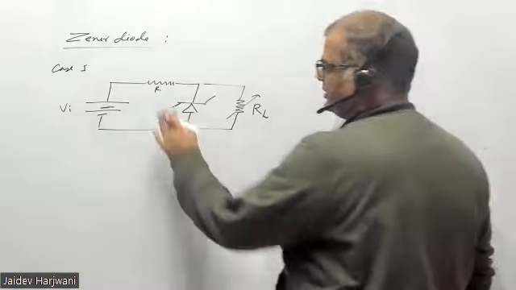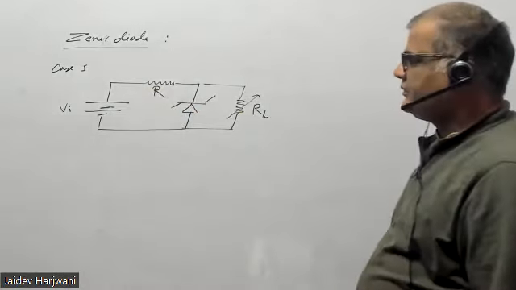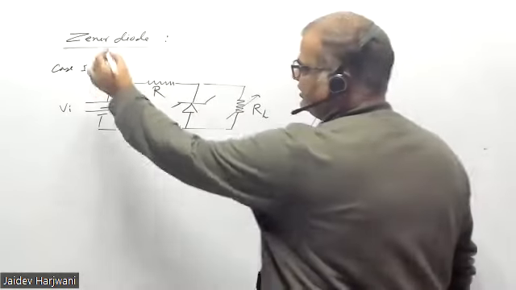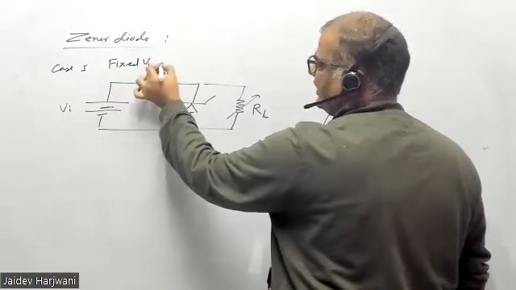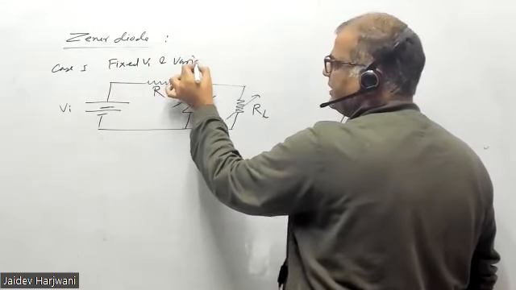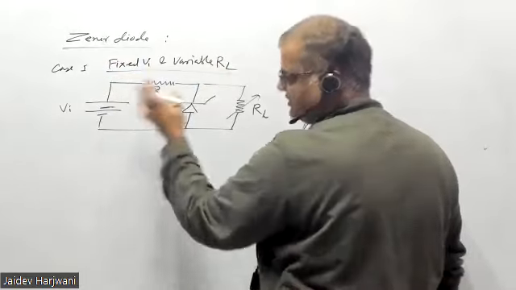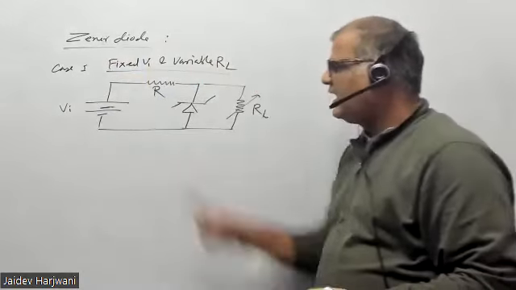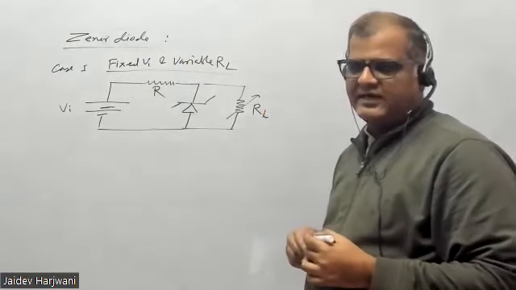In the first case I will take fixed VI, fixed input voltage, and variable RL. That is, VI is fixed, some voltage will be given. R is also fixed in the circuit. Only I can vary this RL.